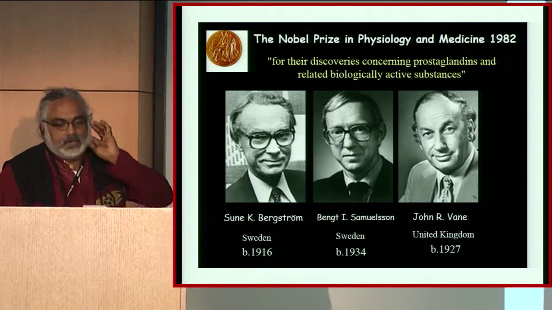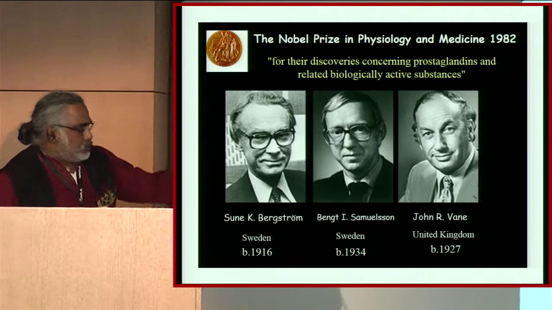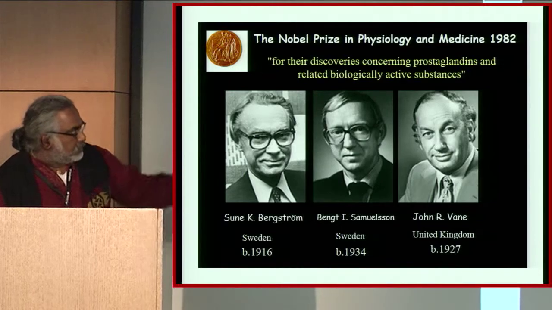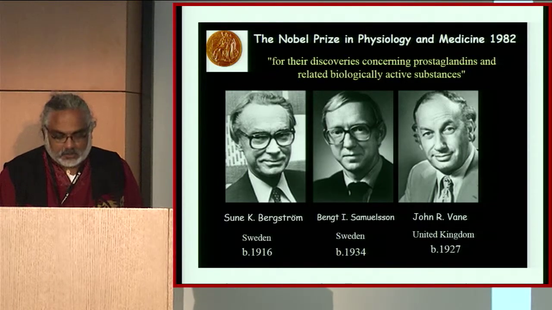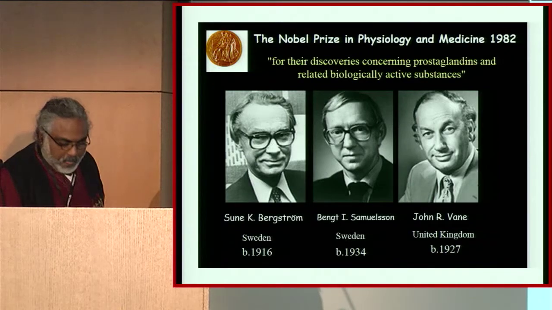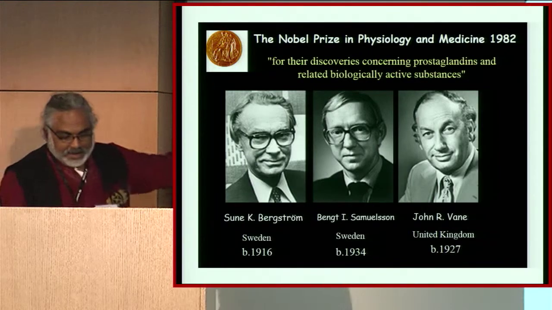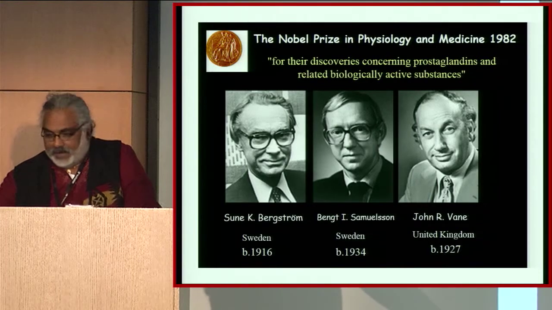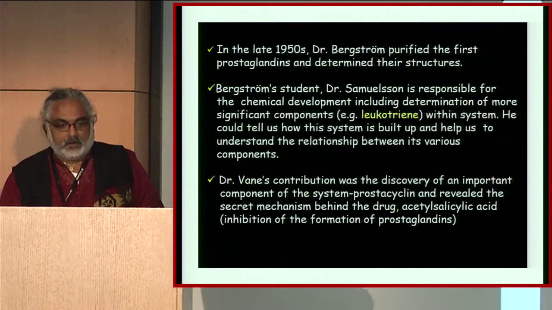And thanks to Bergstrom, Samuelsson, and John Vane, who did almost all the work on the physiology, as well as the synthesis and characterization of these eicosanoids, especially prostaglandins, since the 1970s or even before that, it has revolutionized the field of lipidomics or lipid biology.